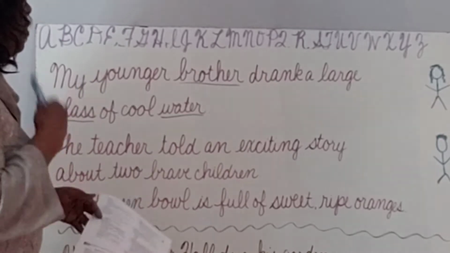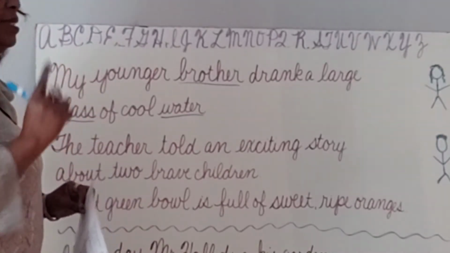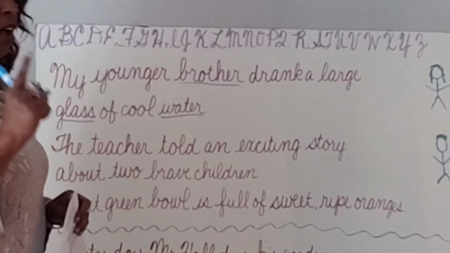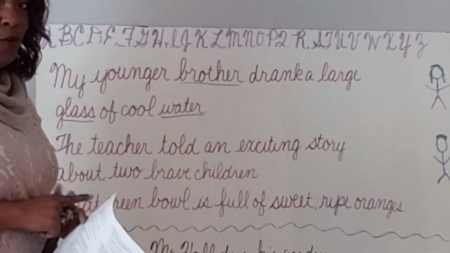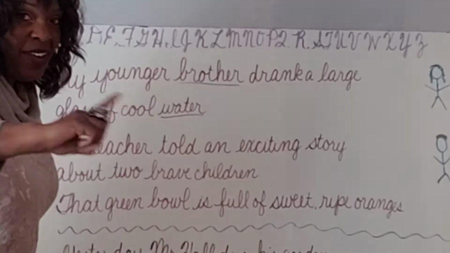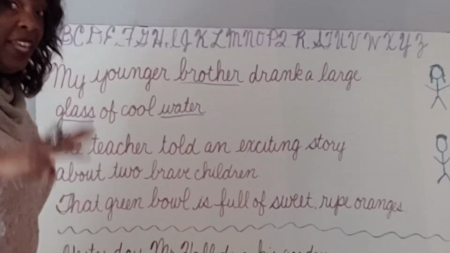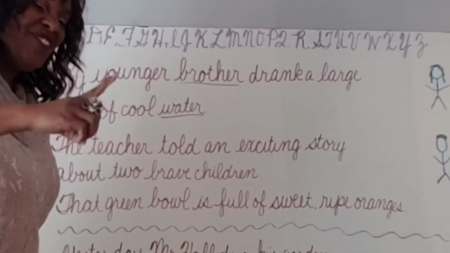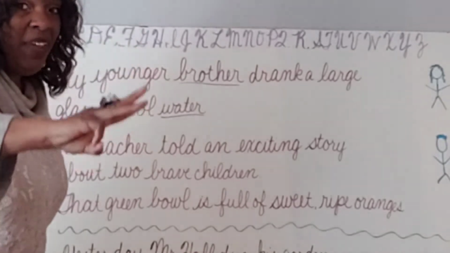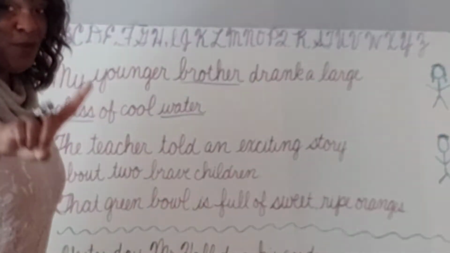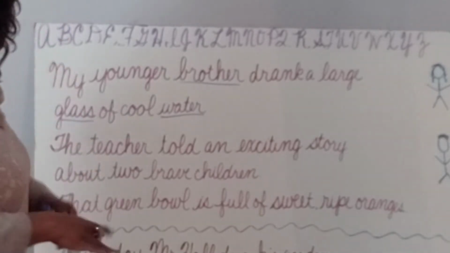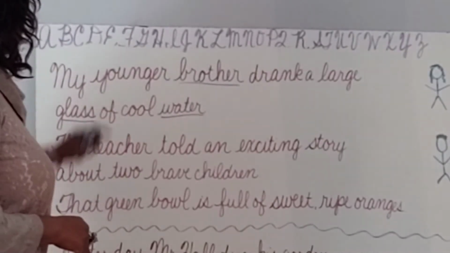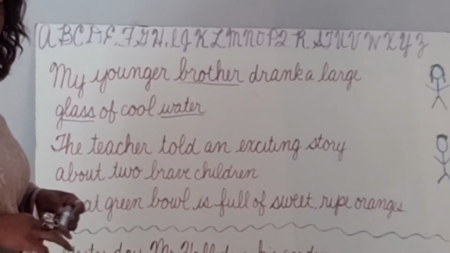Now, as we're looking at those nouns, let's see if there are any of the words in front of those nouns that will answer the questions: which one, what kind, how many, or whose. Again, which one, what kind, how many, or whose. What kind of brother, or which one?